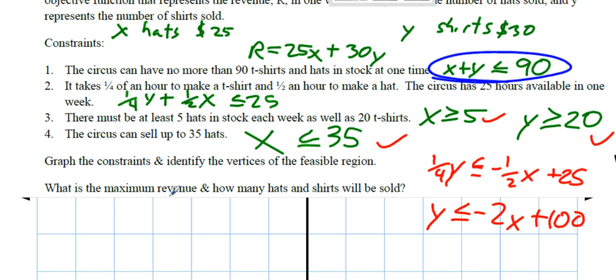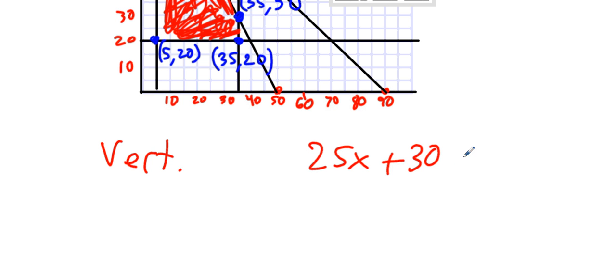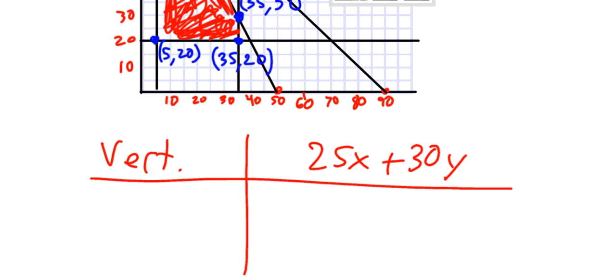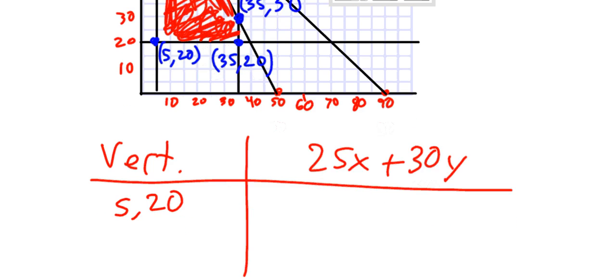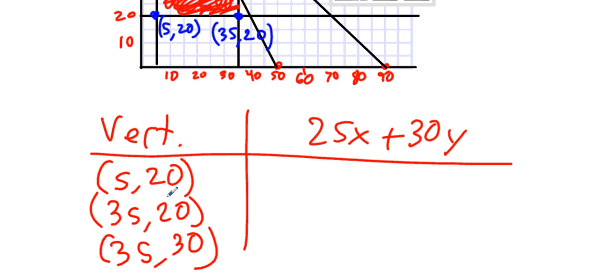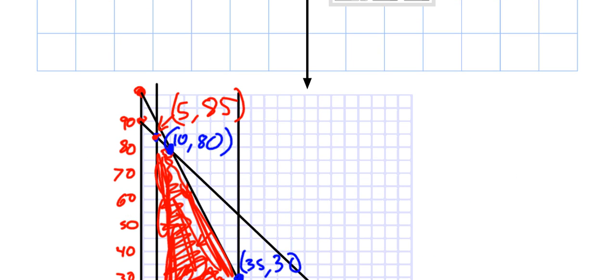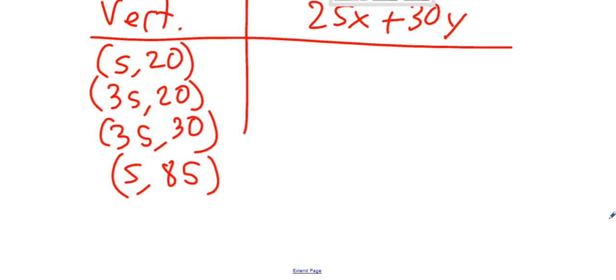Identify the vertices, and then the maximum revenue, we got to plug each of those vertices into 25x plus 30y. We plug it into 25x plus 30y. We're plugging in (5, 20), (35, 20), (35, 30), (5, 85), and (10, 80).